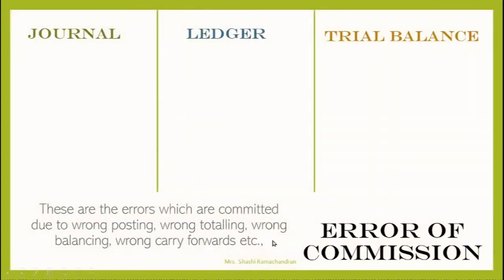Let's understand this with an example. Errors committed due to wrong posting, wrong totaling, wrong balancing, wrong carry forward are what is called error of commission.